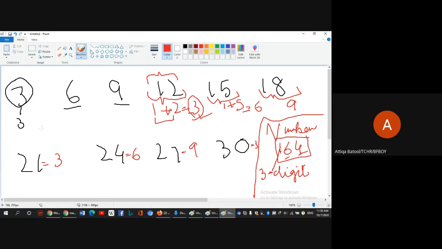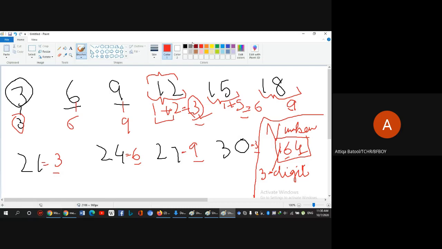Now you can see the sequence of the digital roots of all the multiples of 3 from 1 to 10. This is 3, 6, 9, 3, 6, 9, 3, 6, 9. Again 3.